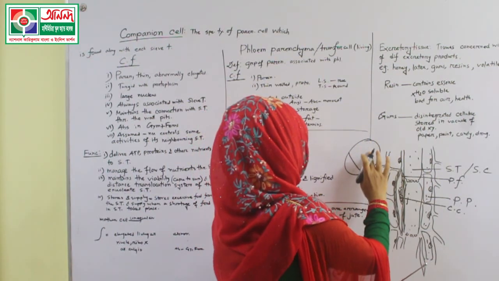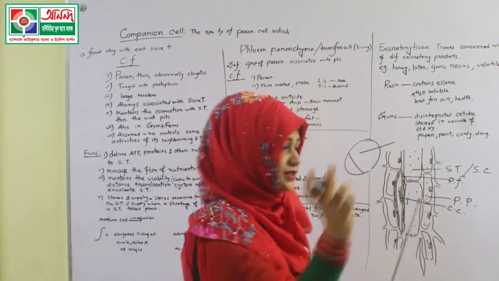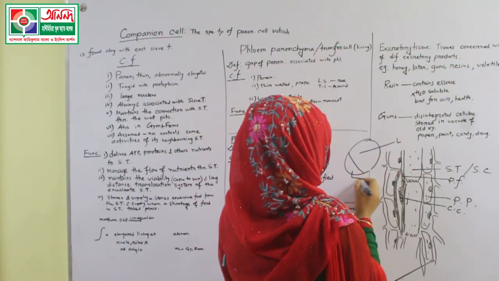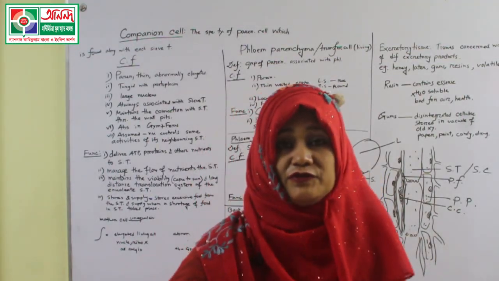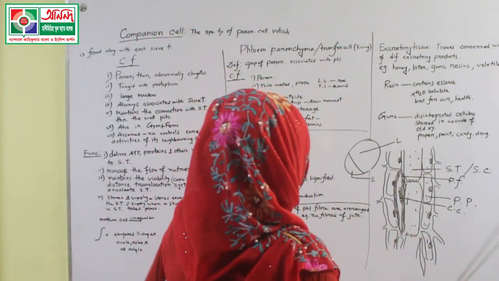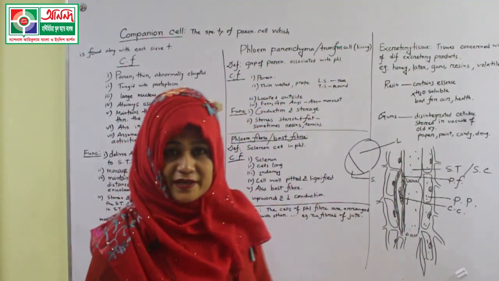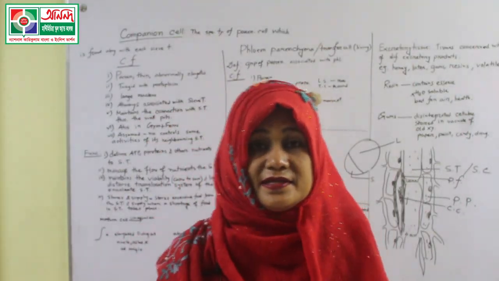For this unequal division, one cell becomes quite larger than the other. Suppose this is the larger cell and this is the smaller cell. This larger cell in future after further division gives rise to the sieve tube, and the smaller cell gives rise to the companion cells. So they have the same origin.